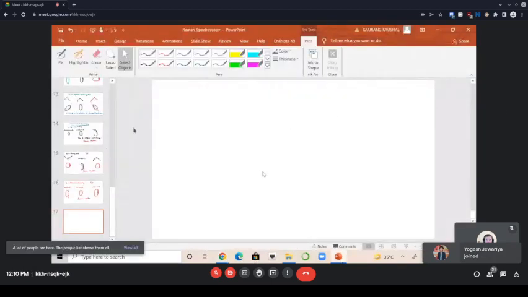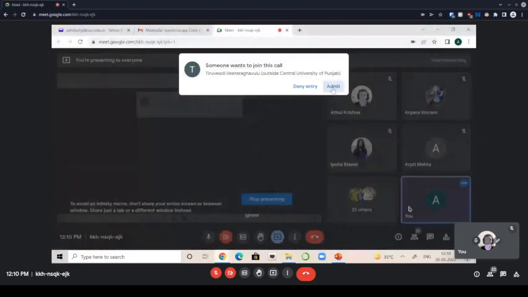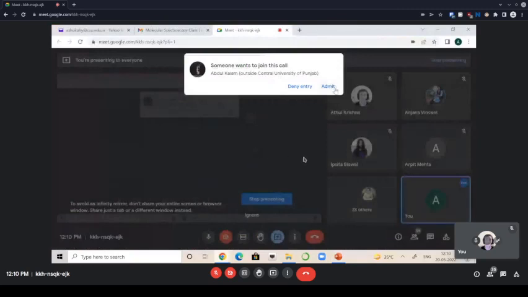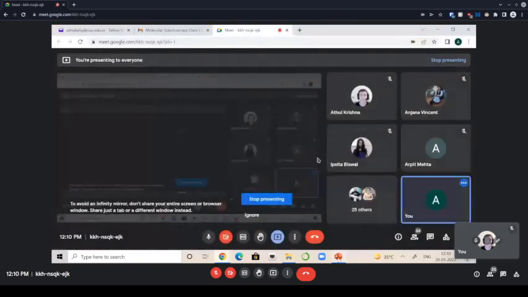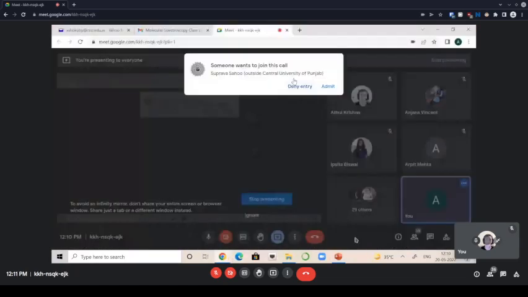So we are discussing the CO2 molecule. Three fundamental modes of vibration are there: nu 1, nu 2, and nu 3. Nu 1 is the symmetric stretching mode.